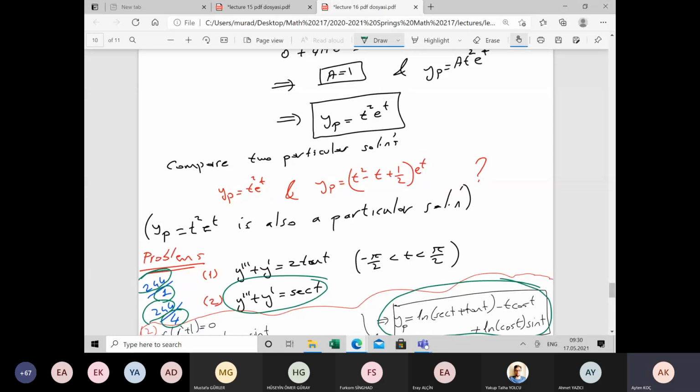But here be careful, look at the right side, non-homogeneous, secant t. So it is not possible to use the method of undetermined coefficients. For this question you have to use the variation of parameters to get the particular solution.